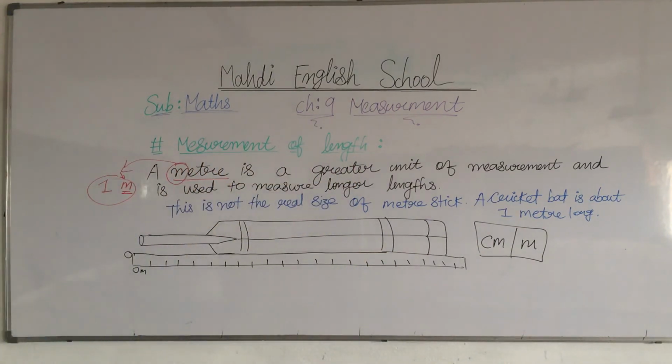Got my points, my dear students. Now note down all these things. And then we will move on to our next topic. So my dear students, note down this one topic, and then we will move on further.